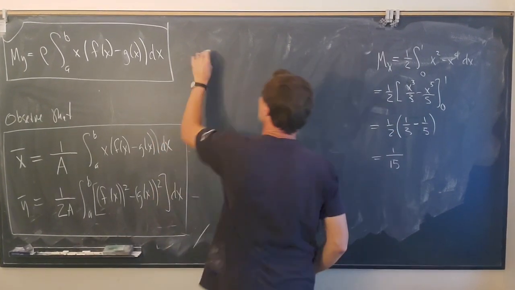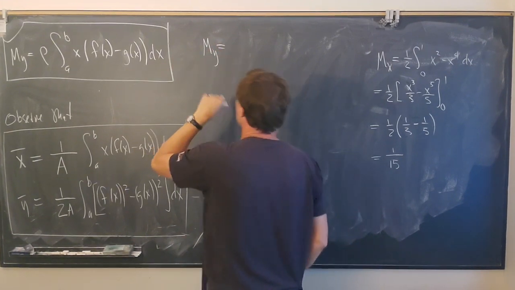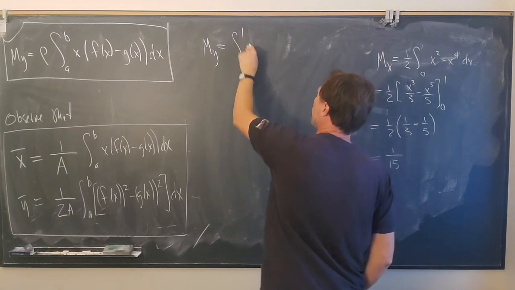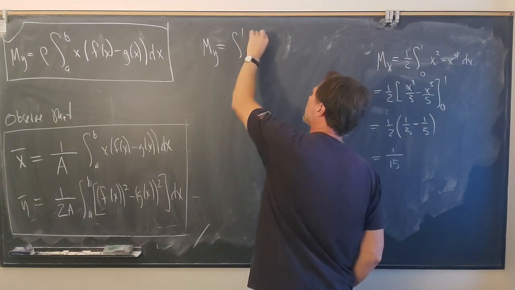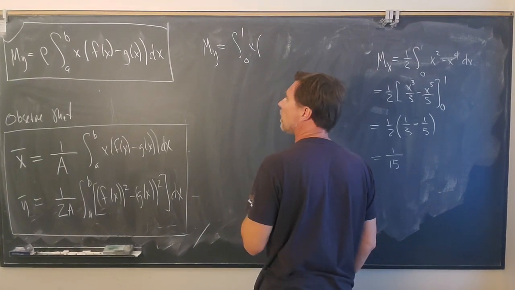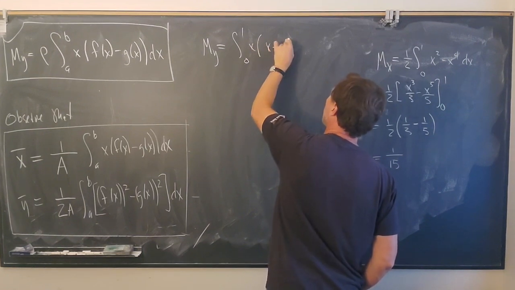And then m sub y is going to be the integral from 0 to 1 of x times, and officially I should be writing in the rho here, but it doesn't matter, x times top function minus bottom function.